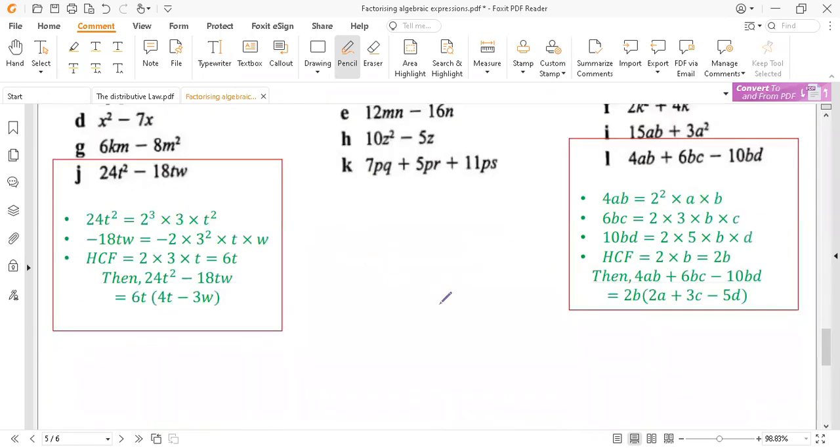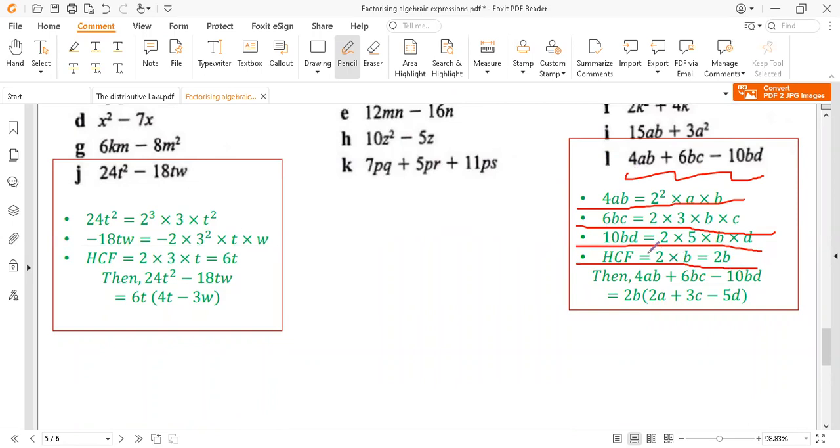It is also very easy to factor three terms, it is the same. We take the first term and write its prime decomposition, and the second and the third, and we take the highest common factor. We have a 2 in all, so we take 2. We don't have a 3 in all, so we have 3 to the power 0, so we don't take anything because 3 to the power 0 is equal to 1.